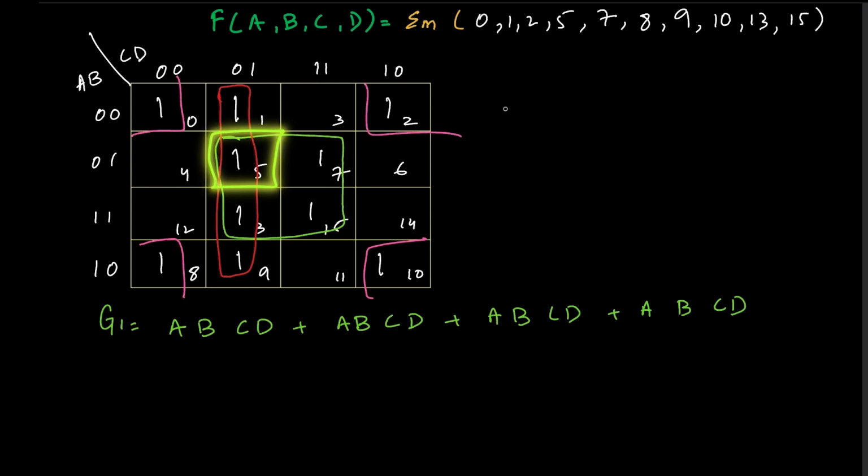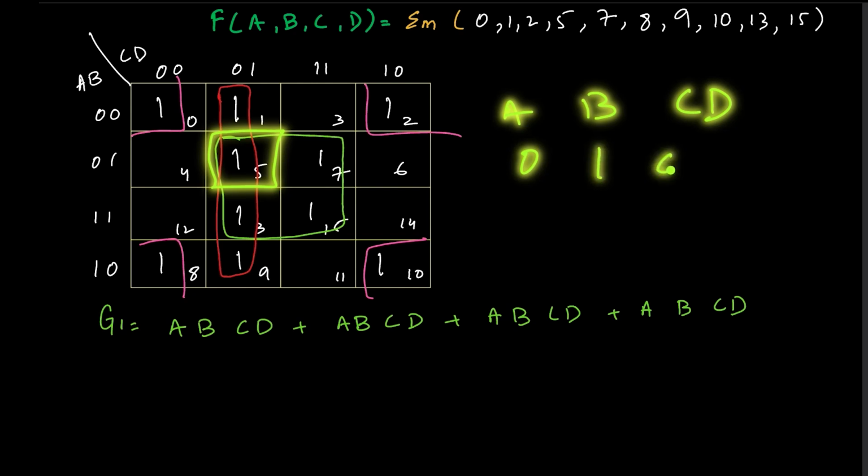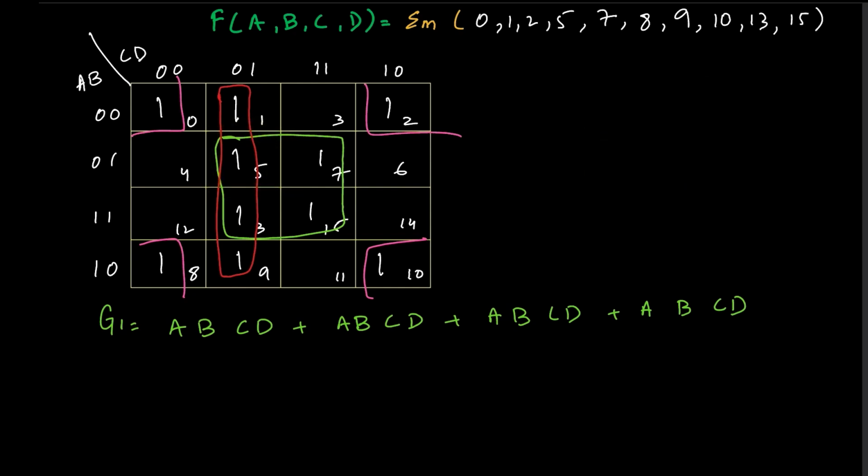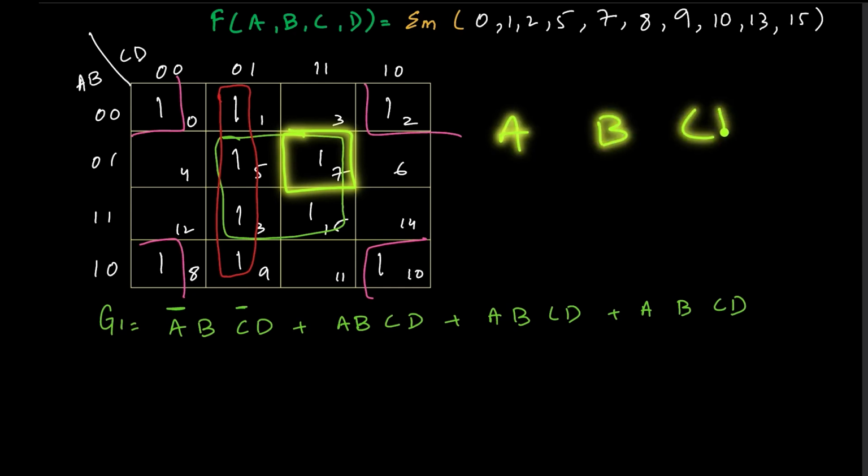This cell is A, B, C, D, 0, 1, 0, 1. Bar on A and C. In this one, 0, 1, 1, 1.